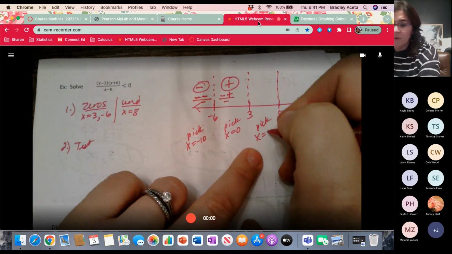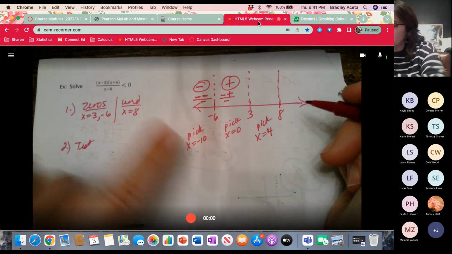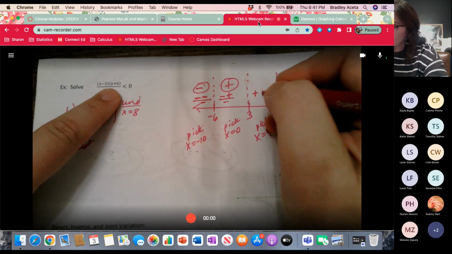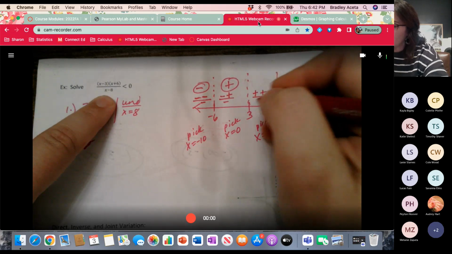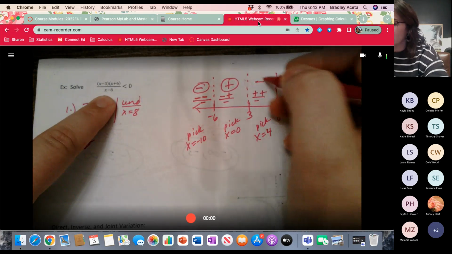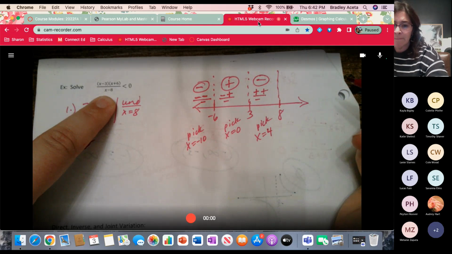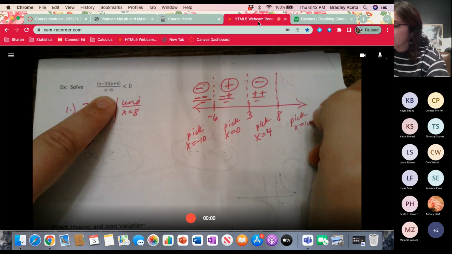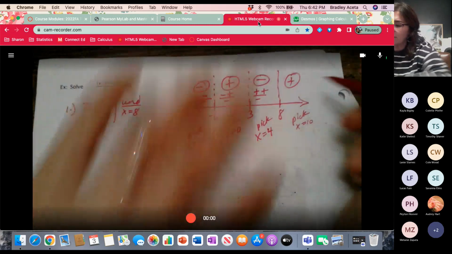Pick, I don't know, 4. Pick 5, but so let's see. I would have a positive, but a negative on the bottom. 1 negative, still negative. And then again, you can pick 10, you'll see they all become positive here.